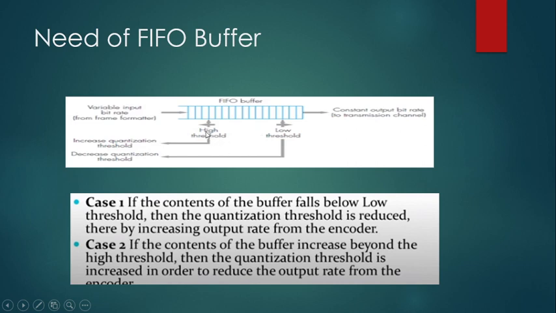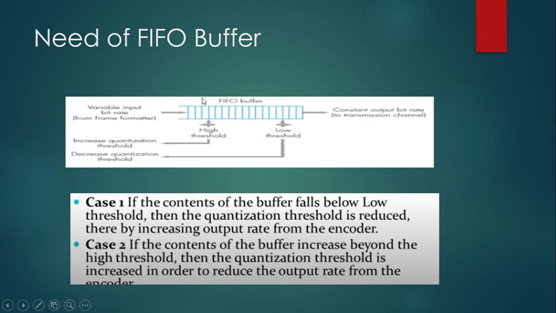More bits can now be used to represent each value, and thus the FIFO fills up. In the other condition, if the content of the buffer is increasing beyond the high threshold, then we have to increase the quantization threshold value. Then the buffer will be reducing. So the quantization threshold is increased in order to reduce the output rate from the encoder.